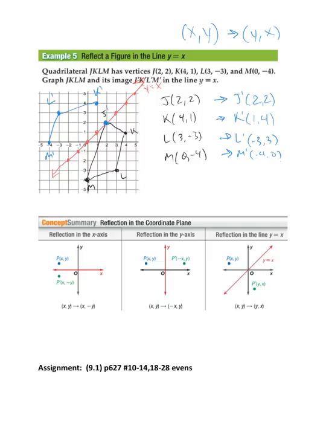Connecting all of these, it looks like a very clear reflection of our original quadrilateral.